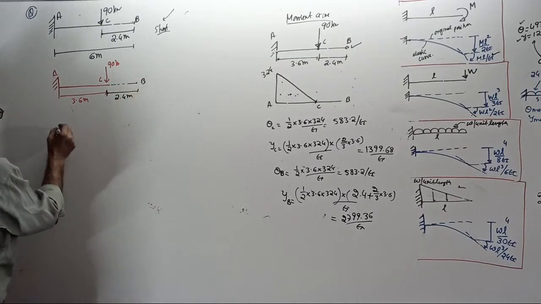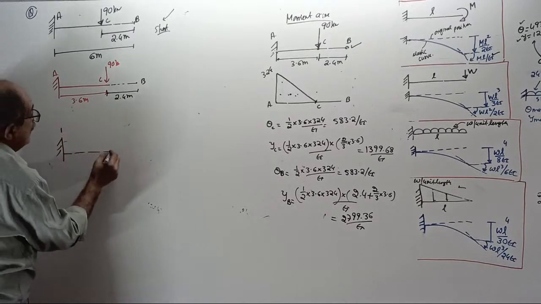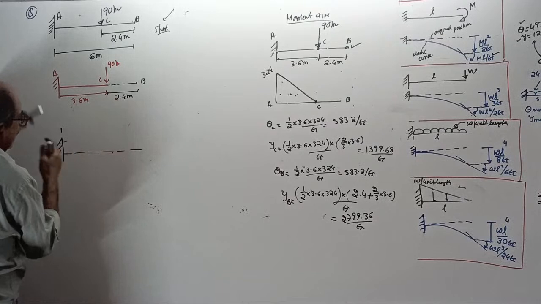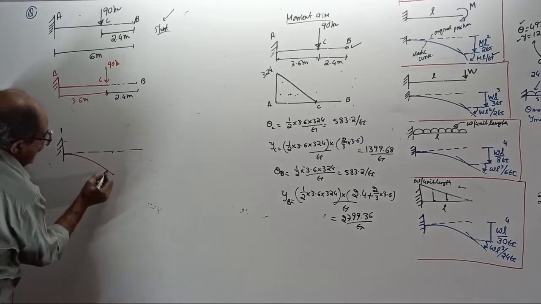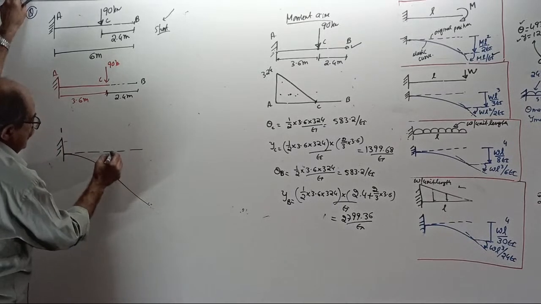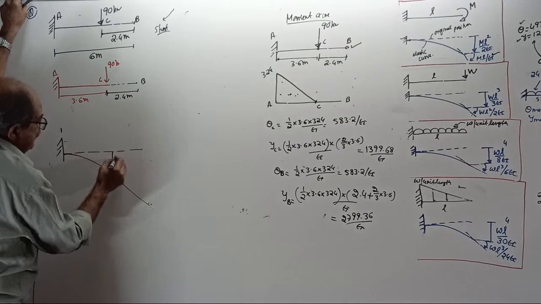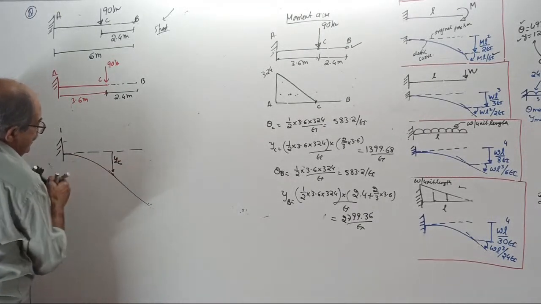Okay, now, somewhere here, draw elastic curve. Up to here, it will have curvature. Then, draw a tangent here. It will go straight up to here. See, now, this is your deflection at C. You get it by cantilever formula.